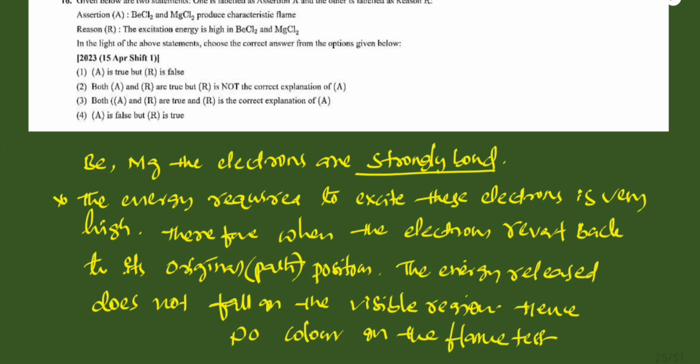Do beryllium chloride and magnesium chloride produce characteristic flame? No, they cannot produce a flame test, so that is false. But the excitation energy is high in beryllium chloride and magnesium chloride. According to the question, our option will be 4.